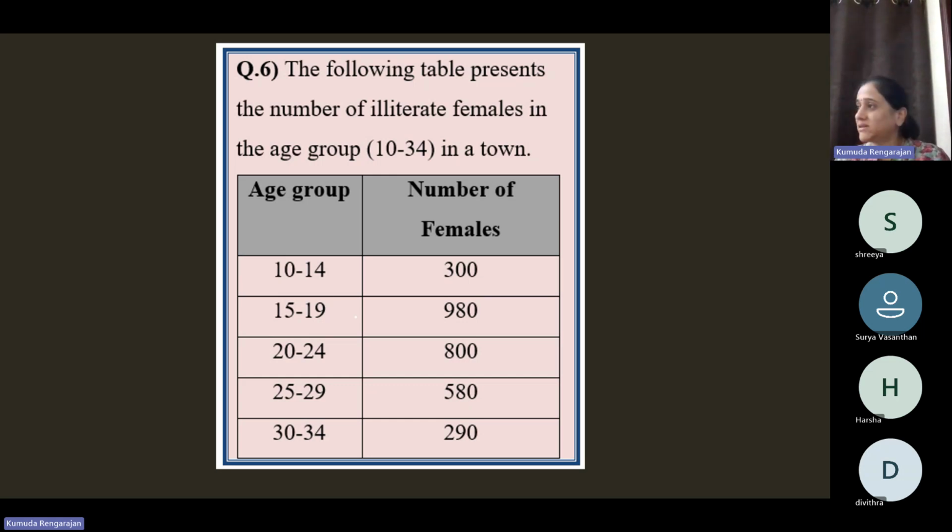So you just have to make the class intervals continuous and make the histogram. To make the class intervals continuous: 15 minus 14, 1, divide by 2, 0.5. Subtract 0.5 from all the lower limits, add 0.5 to all the upper limits.